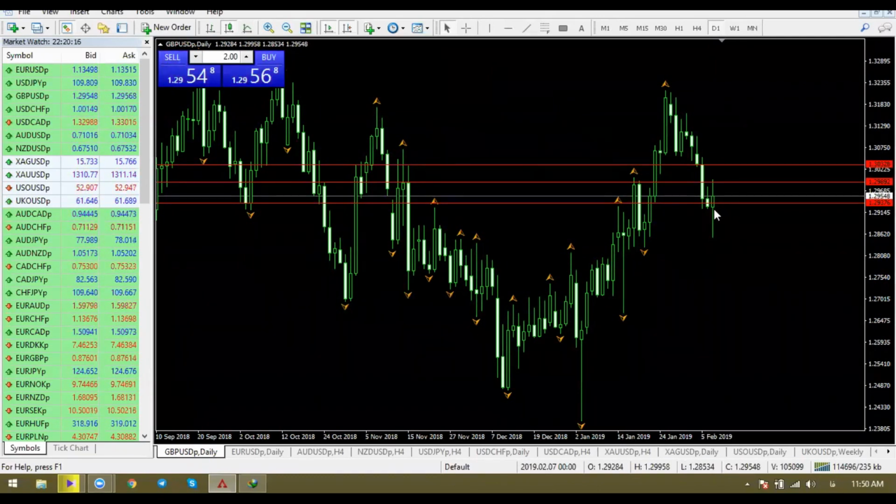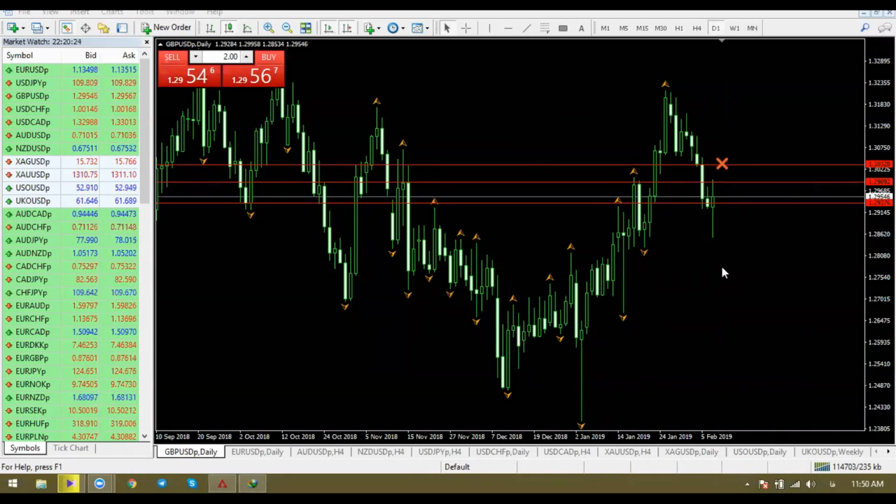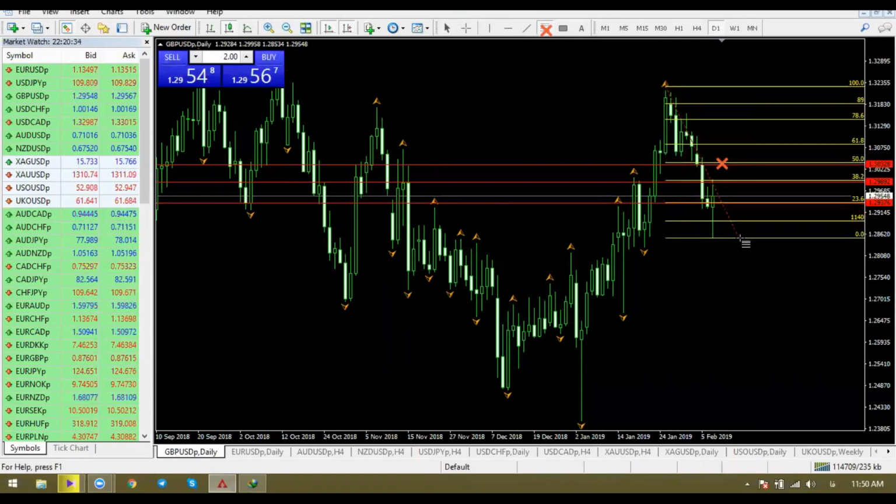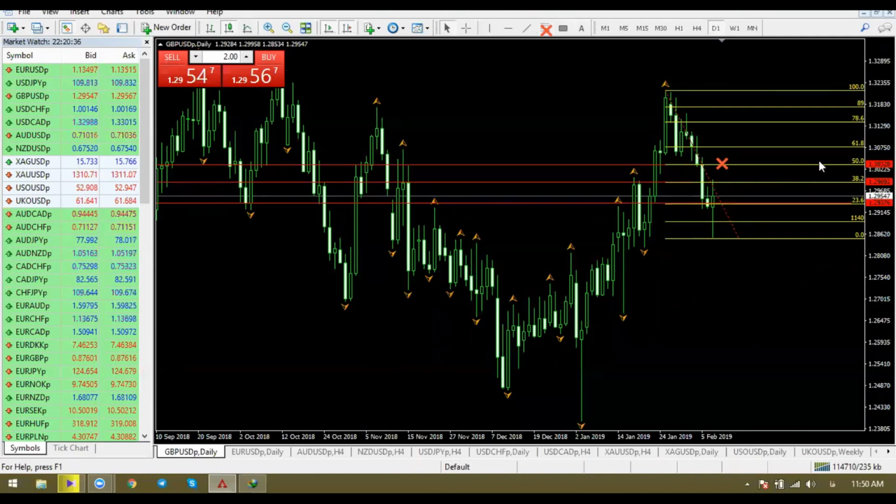I do a buy here, and I don't care if it comes down to here, because I know that my target is there. The target that my price wants to hit, there are the pivots. I break the pivots. If I do the Fibonacci, how much? 50.